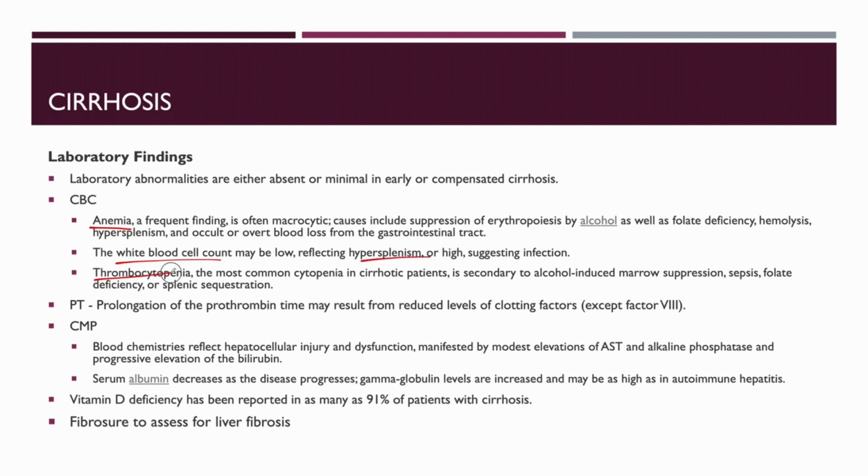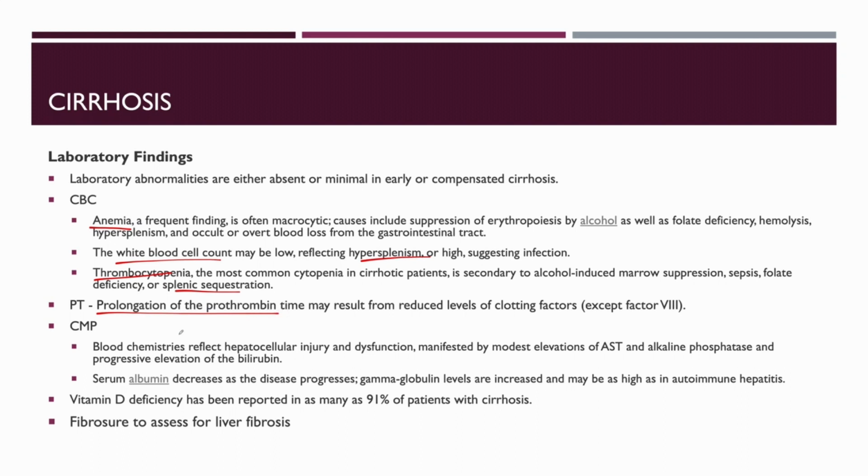We can see thrombocytopenia because of sequestration in the spleen, and also secondary to other suppressions and folate deficiencies. We tend to see prolongation of the PT, like we mentioned before.